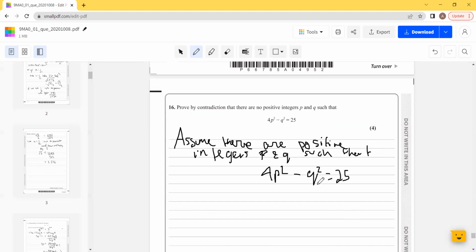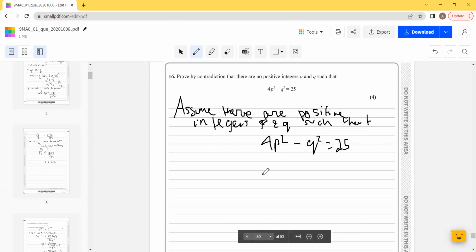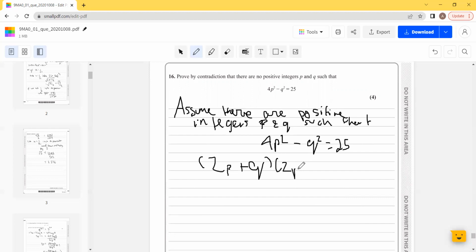So the first thing you can notice is that it's a difference of two squares. So I can have 2p plus q and 2p minus q is equal to 25. That's one thing to immediately notice.